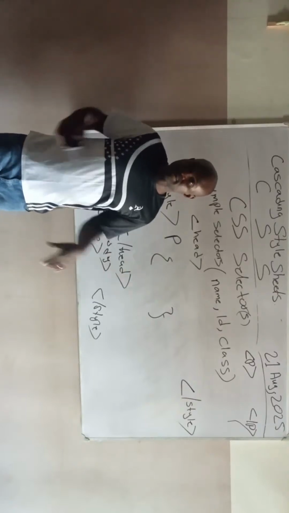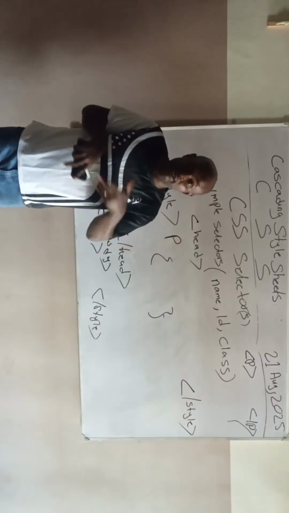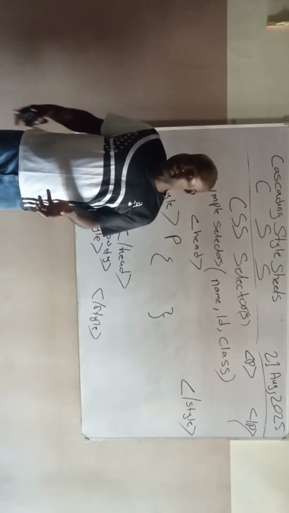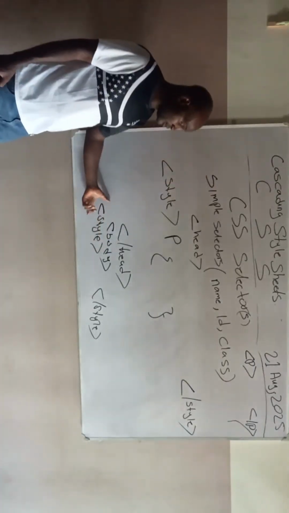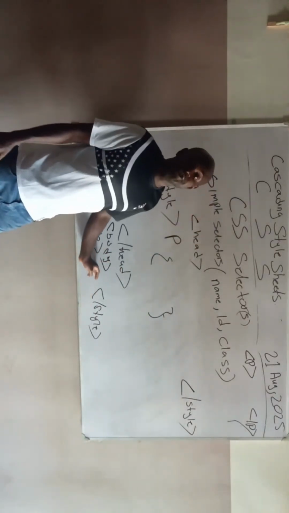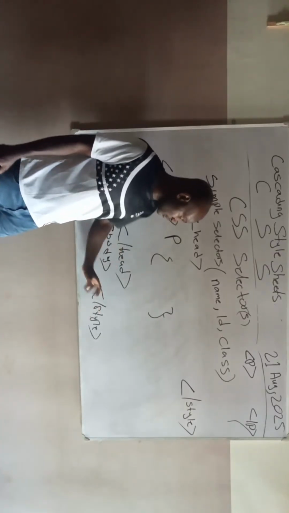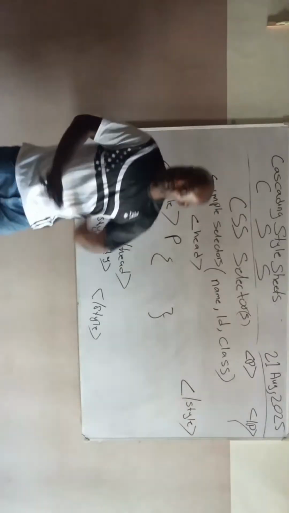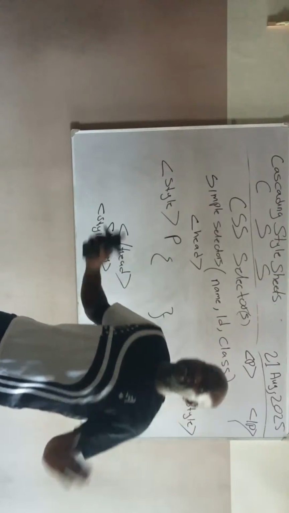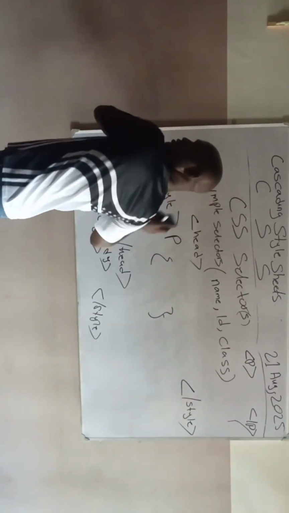So to tell the web browser which is code and which is organic content, and to interpret CSS code, you must declare your style element. Once you open and close it, you put everything CSS inside. That is the rule, that is the structure, that is the standard. There's no two ways about it. This is it.